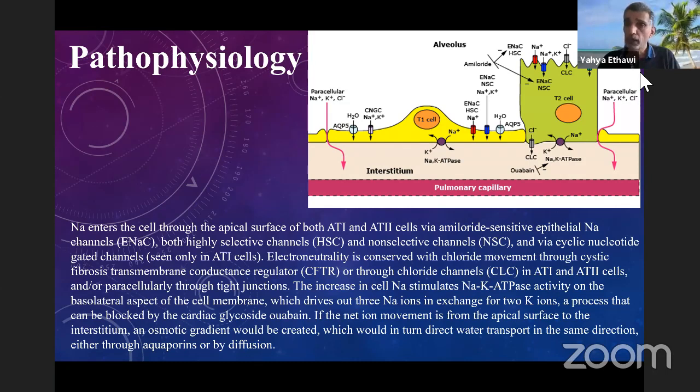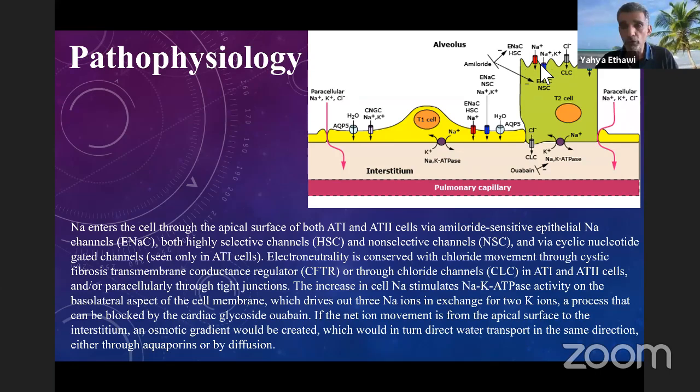So these are two pathways to move electrolytes, and there's another pathway called the nucleotide or cyclic nucleotide-gated channel. If you look here, you can see these sodium pathways, called amiloride-sensitive. There is a channel here and a channel here, and they are of two types.